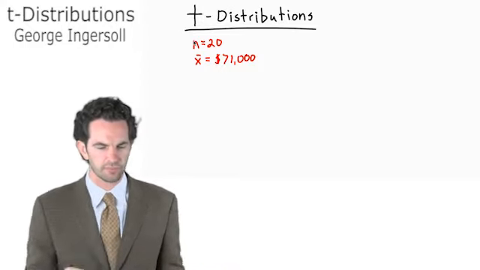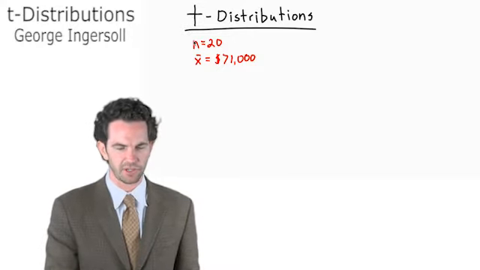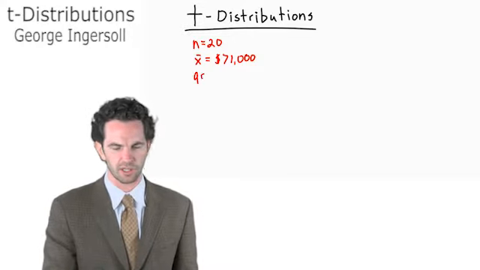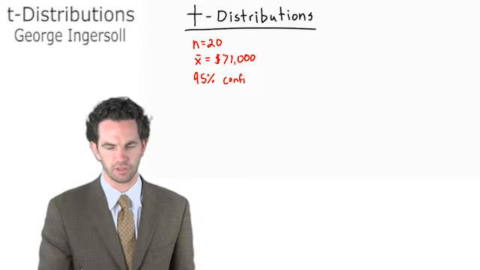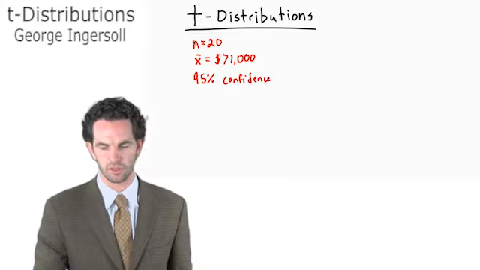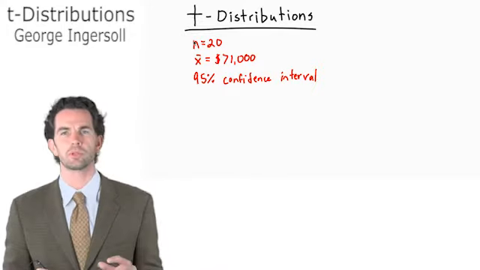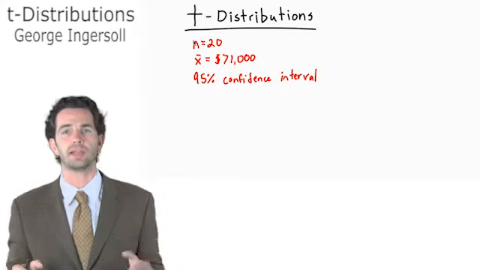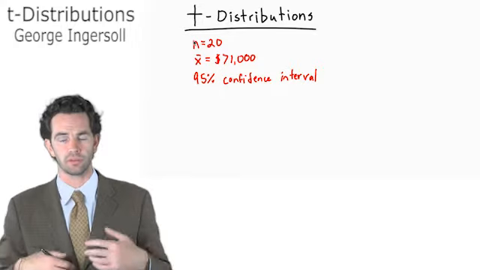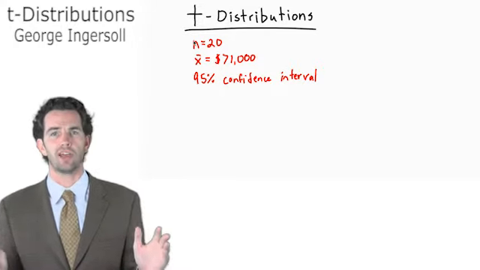And let's say we want a 95% confidence interval. In other words, we want to be able to estimate a range for the population, in other words, the overall household income for that city, with 95% confidence.